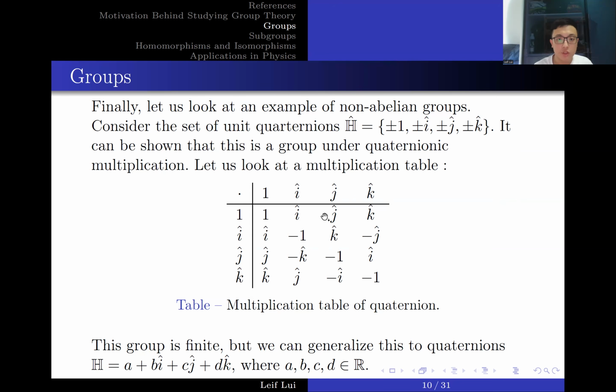Let's do i times j, that yields k. k times k is -1, so that works. Now let's do j times k first. j times k is i, and then i times i is -1, so they yield the same result. So there's no problem with doing ij first or jk first.